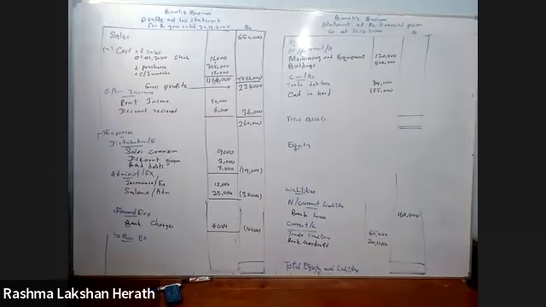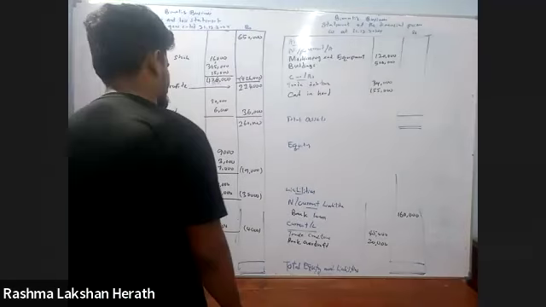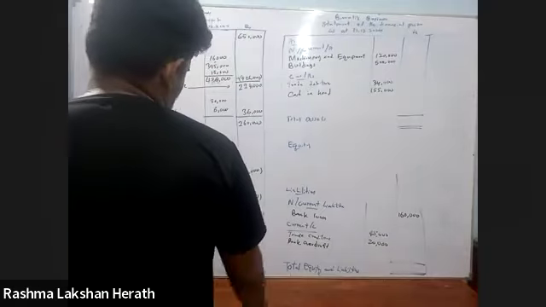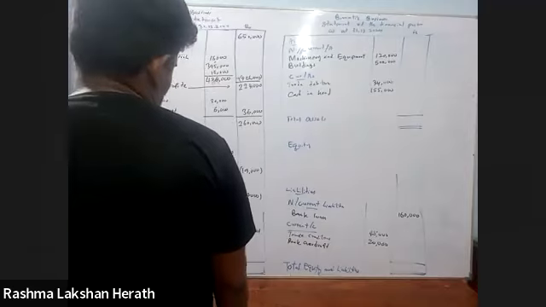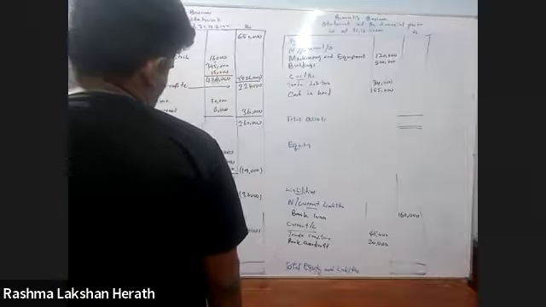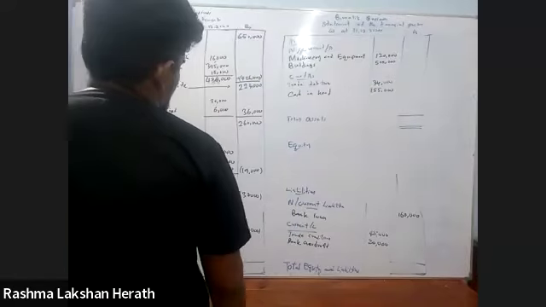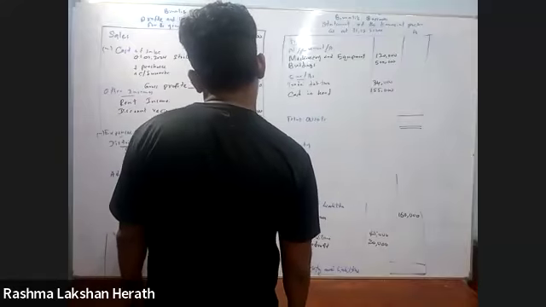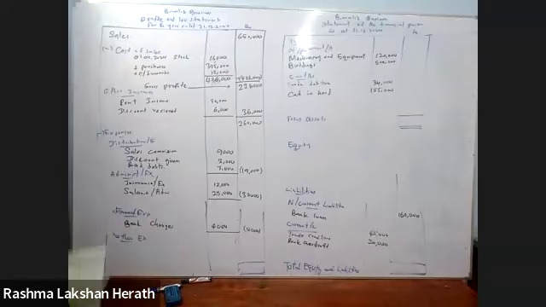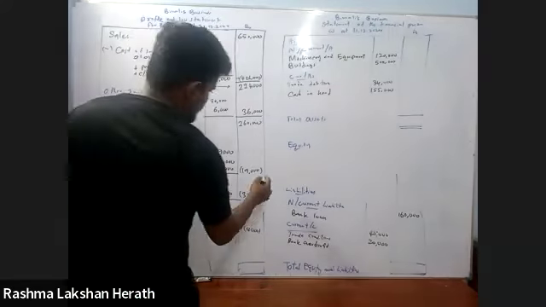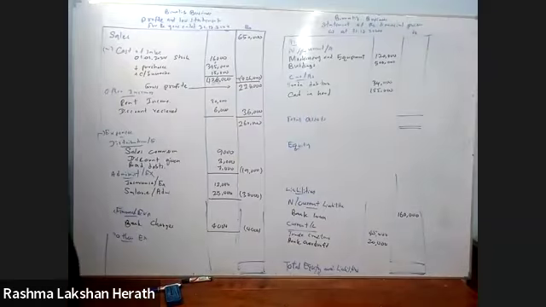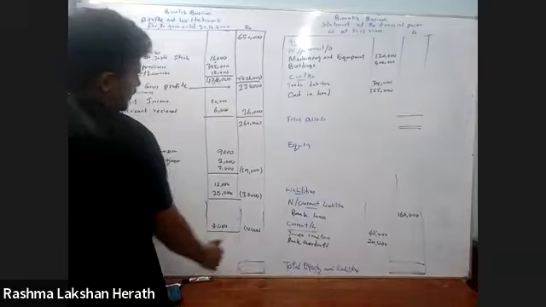And finally, profit is in here. How much? The value of all the expenses is 60,000, right? Deduct this 60,000 from this 260,000.